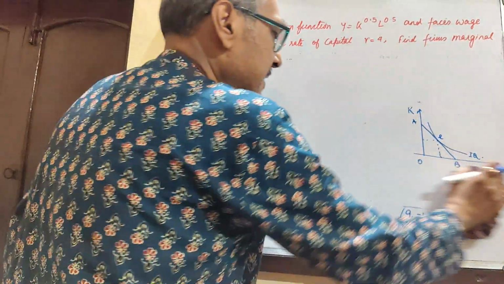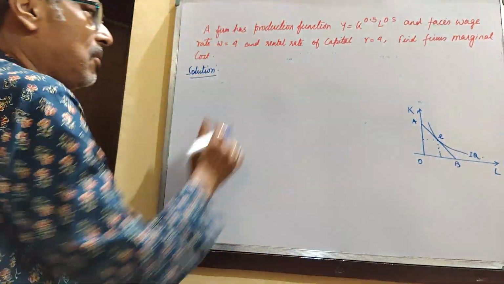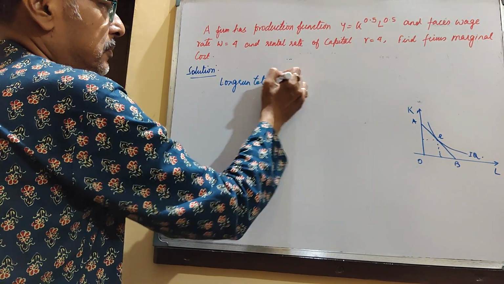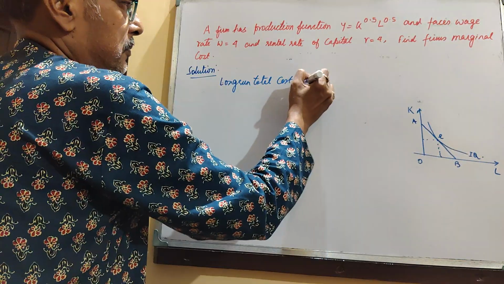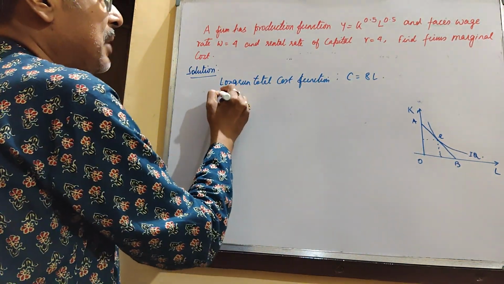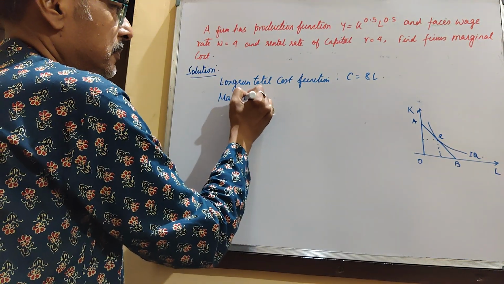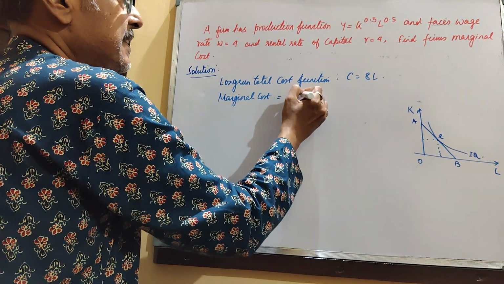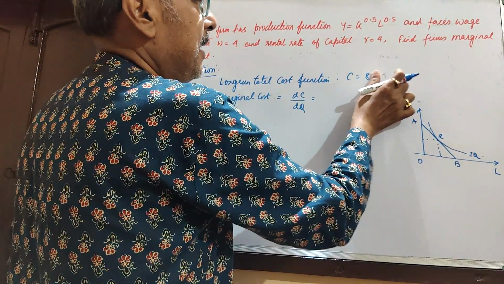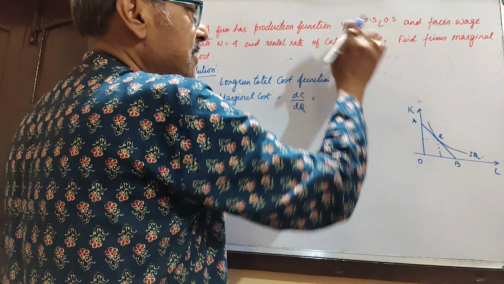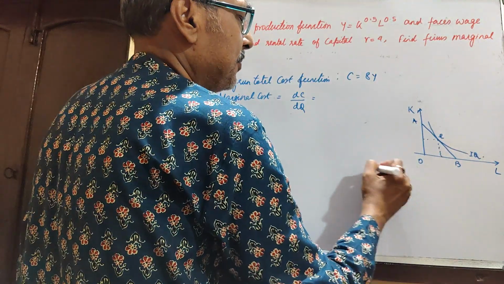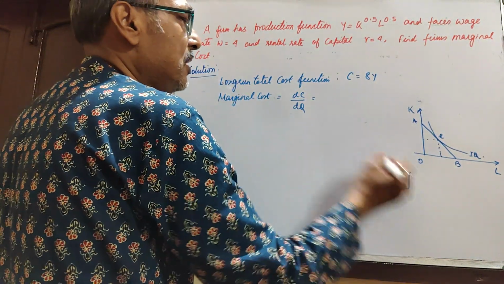Now C equals 8Q is called the long run total cost function. Here output is given as y, therefore I am writing C equals 8y. This is the long run total cost function.